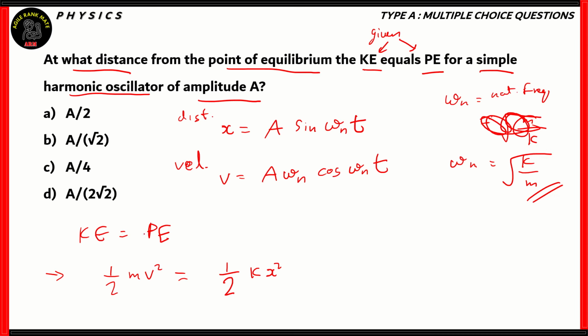So when we move on, we see that half times, now actually we don't need to consider half anymore because the halves get cancelled, so it's m v squared equals k x squared.